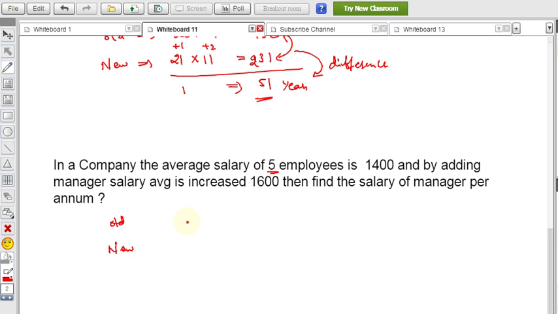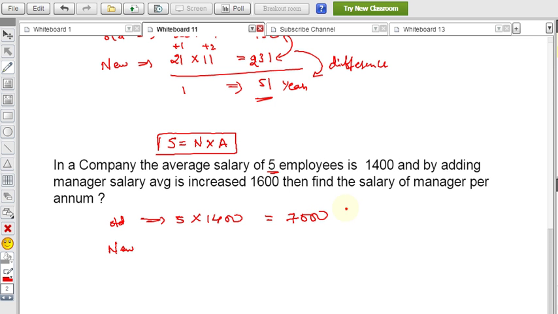The difference between old and new is nothing but the one whose value is asked. Now sum is equal to number into average. In the old case, number is 5 employees, average salary is 1400, right? That is 7000.